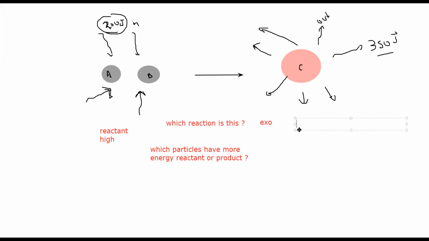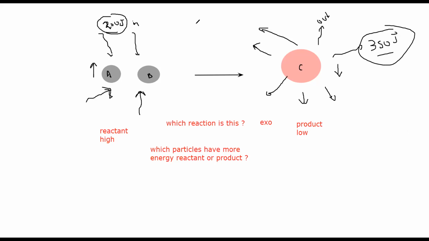So reactants are taking energy, that's why they have high energy, and the product will have low energy. When the product is formed, the product gives out the energy, so product energy will decrease.